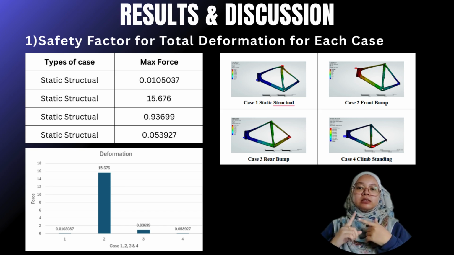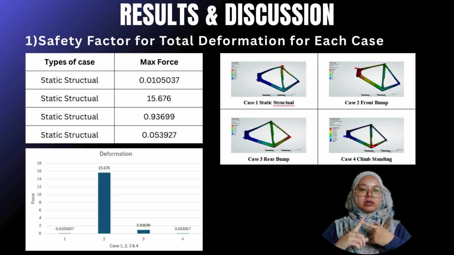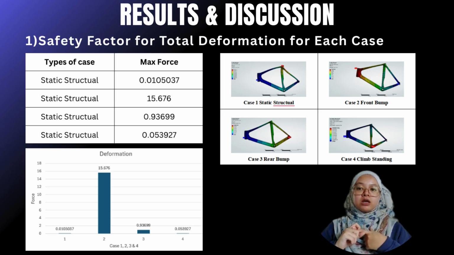This suggests that it is the most critical scenario in terms of frame deformation. The deformation patterns shown in the simulation image highlight which parts of the structure are most affected in each case. The red areas represent zones of maximum deformation.